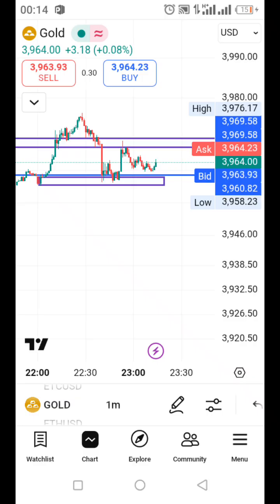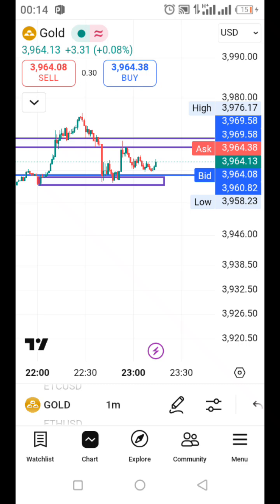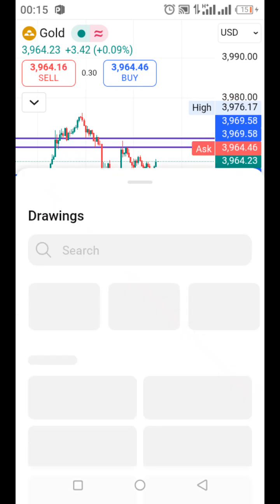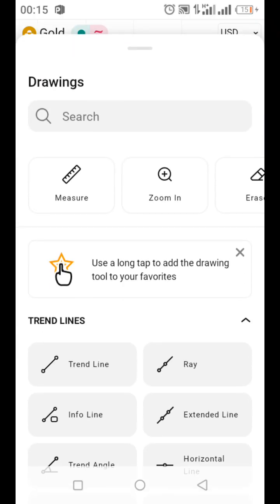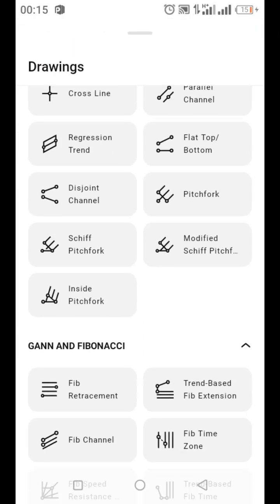Or most of you that use trend line strategy, you can use it for this particular one now. If we use trend line, you will know that this market is going to buy, because people using trend line strategy have already set their buy trade now.